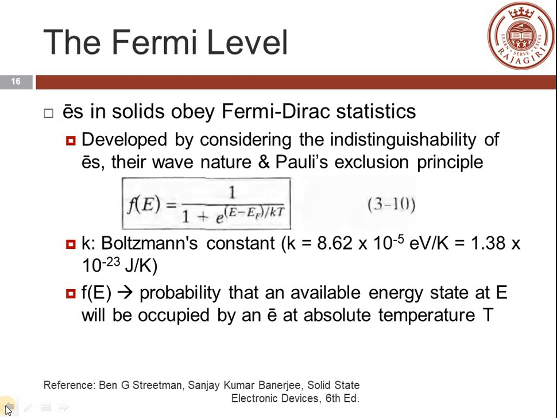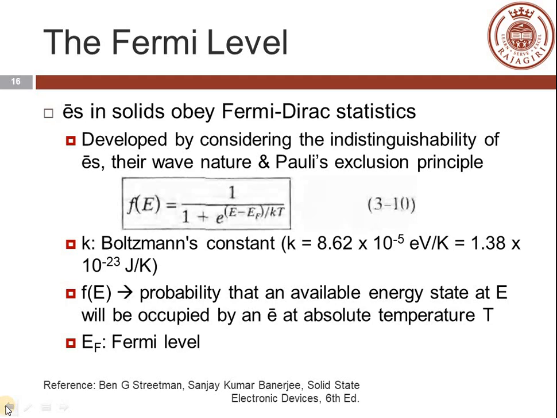f(E) is the probability that an available energy state at E will be occupied by an electron at absolute temperature T, where EF is the Fermi level. Now we will see the occupancy probability at different energy levels. That means for E we will substitute some values.